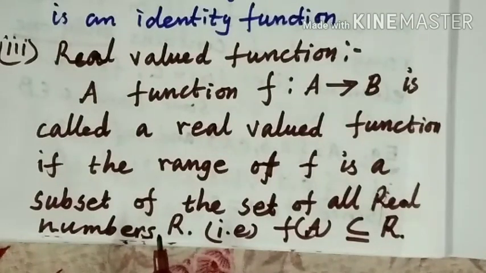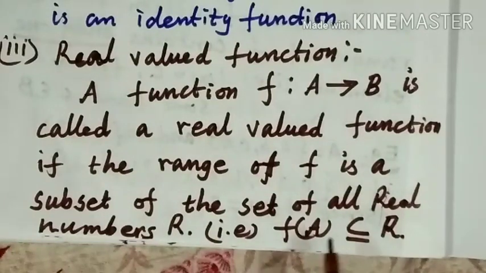Do you know what a real number is? Yes, it contains all whole numbers, natural numbers, integers, rational numbers, irrational numbers, that is f of A, the function of set A, is a subset of R. R denotes real numbers.